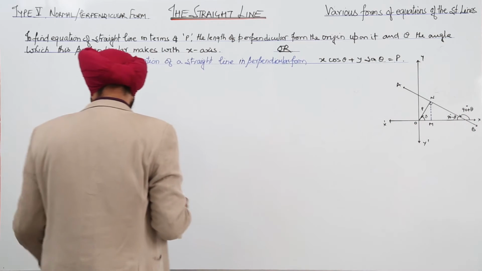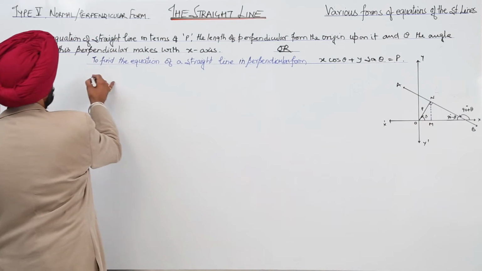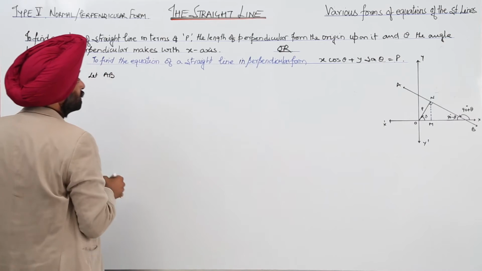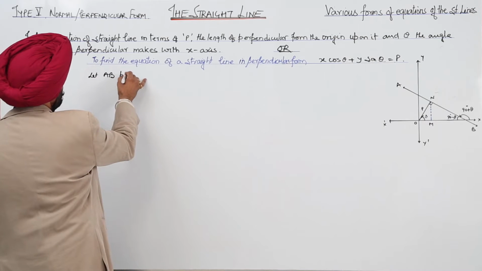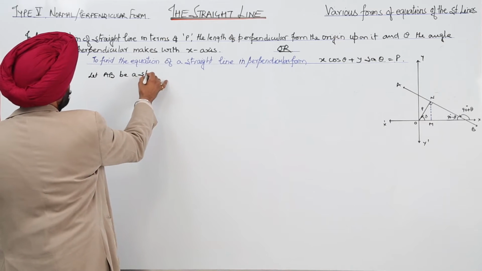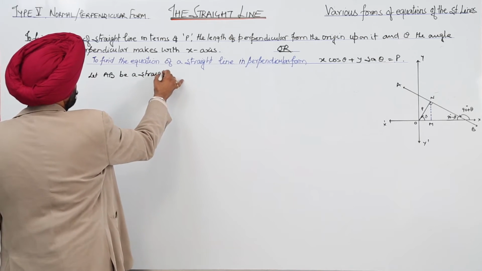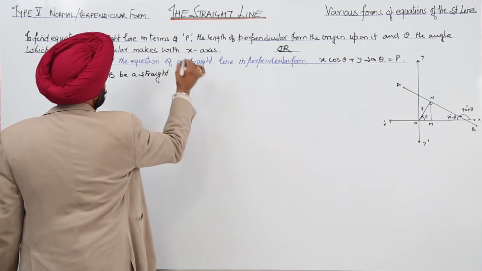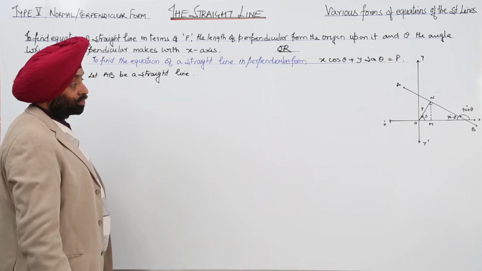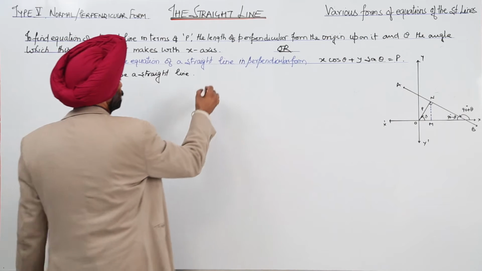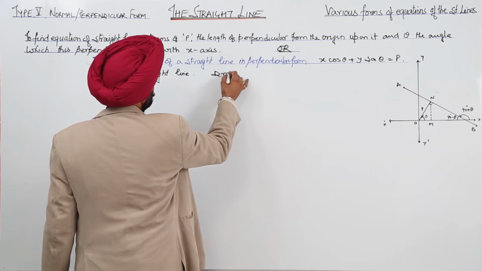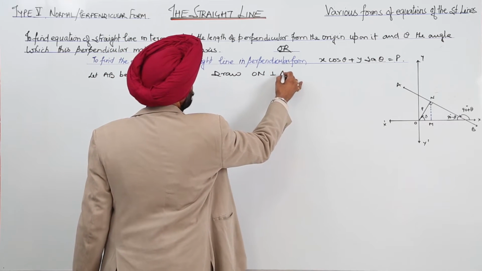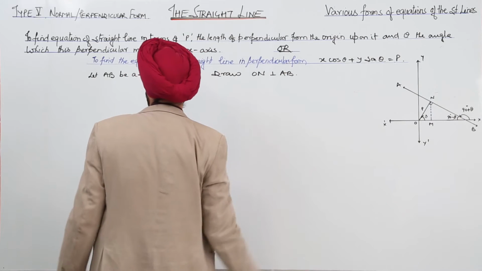Now let AB be a straight line. Here, AB I have drawn is a straight line. Now draw ON perpendicular on AB. First thing.